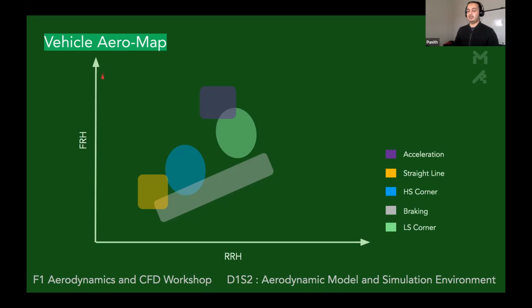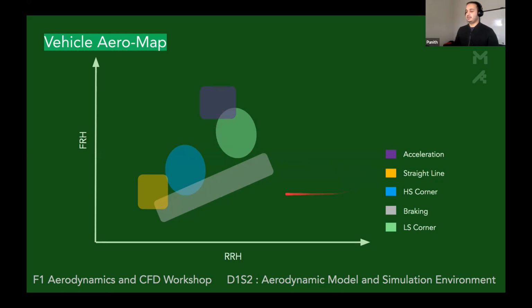If you have a plot of front ride height versus rear ride height, and you look at where these bins lie, so an acceleration zone might be here. You'll have lots of data points that lie here, but it'll normally be higher front ride height and lower rear ride height. So it can go down here as well.